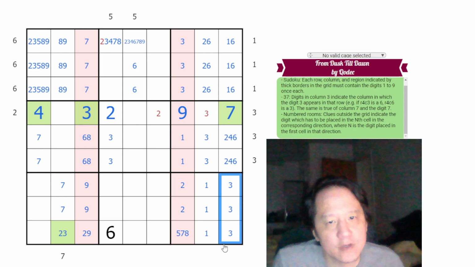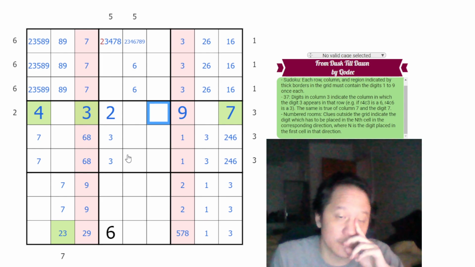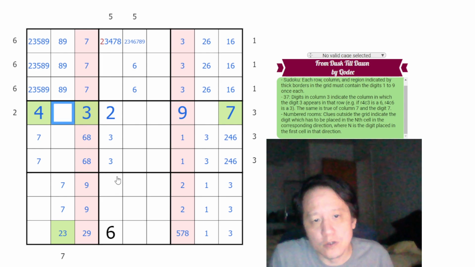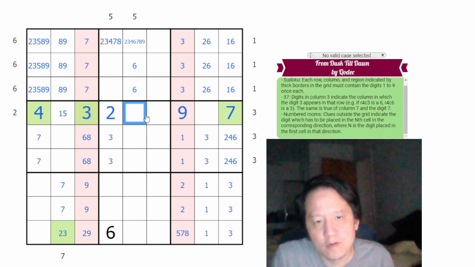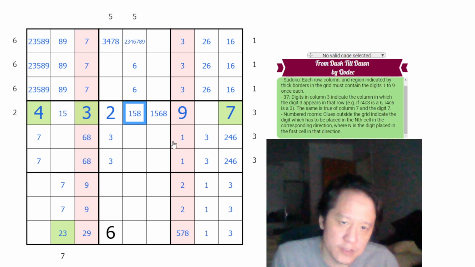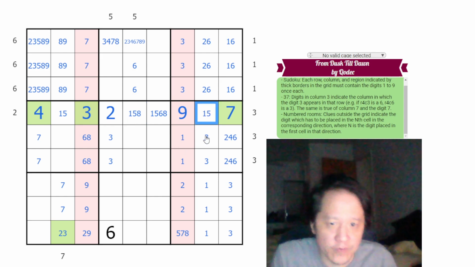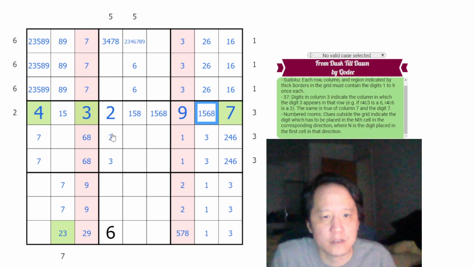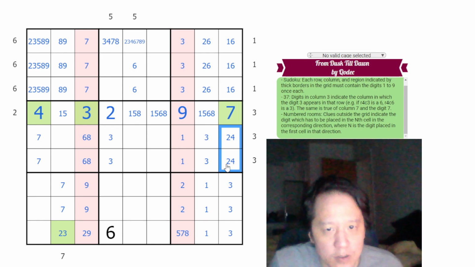So, yeah, the 7 can't be there. This can't be 3. This can't be 2, obviously. So this is 1 or 5. This can't be 2. This is 1, 5, or 8, 6. This can't be 6 specifically. This is 1, 5, 6, or 8. Oh, wait, hold up. This is 6, so this can't be 6. This becomes 2 and 4.